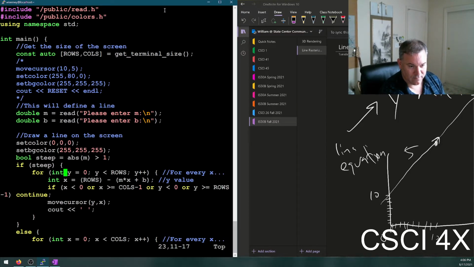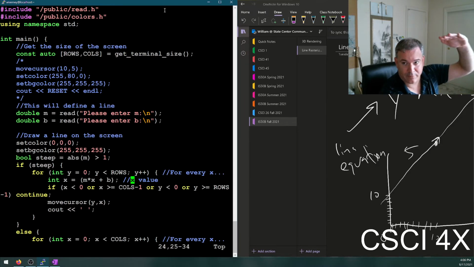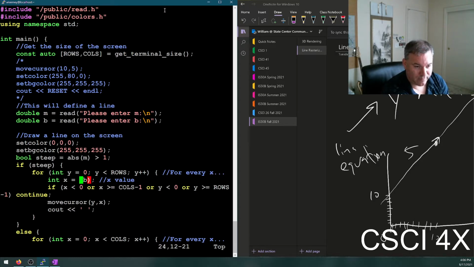So starting at 0, let's just start off not worrying about flipping the thing around. So starting at row 0, the top row, going down to the bottom, x is going to be equal to (y minus b), quantity divided by m.